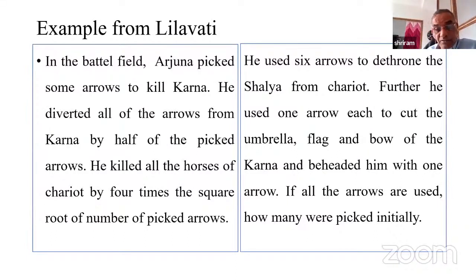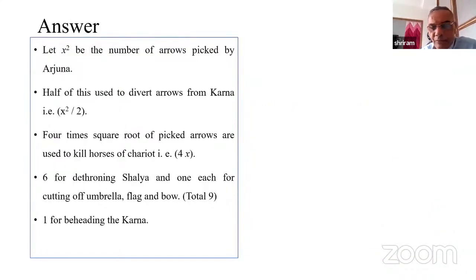From where we get the sense that it may be a quadratic equation? By the data given, 4 times the square root of the number of picked arrows. So let us solve it. It is easy finally, though the word problem is slightly complicated. x square be the number of arrows picked by Arjuna.